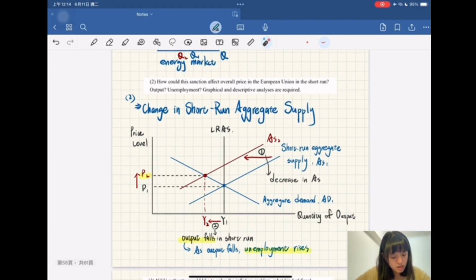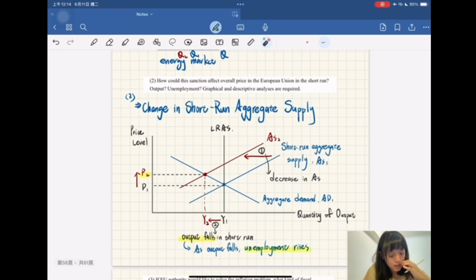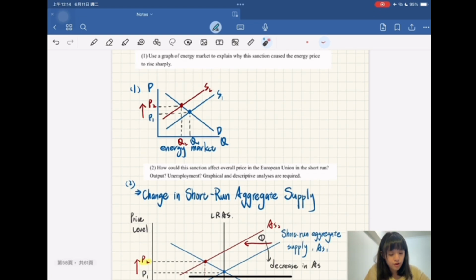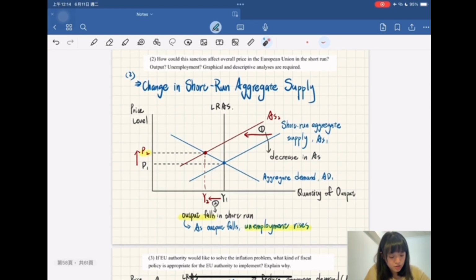And the second question is, how could this sanction affect the overall price in the European Union in the short run? And the output, the unemployment. So this question is mainly discussing the change in the short run aggregate supply because of the ban on oil. So we can look at this graph.